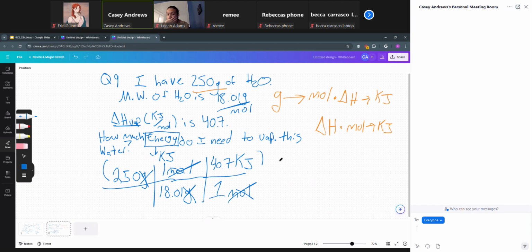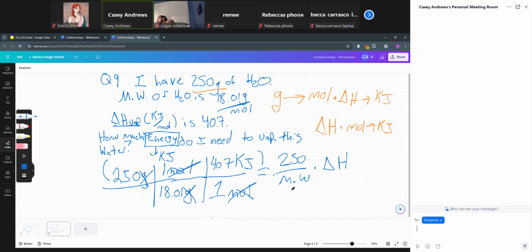Like I said, you don't have to do it this way. What I'm doing basically is taking my 250 divided by my molecular weight, multiplied by delta H. These two are saying the same thing. I just have trouble thinking about it in the terms on the right. I need the crutch of looking at how the units cancel for myself.